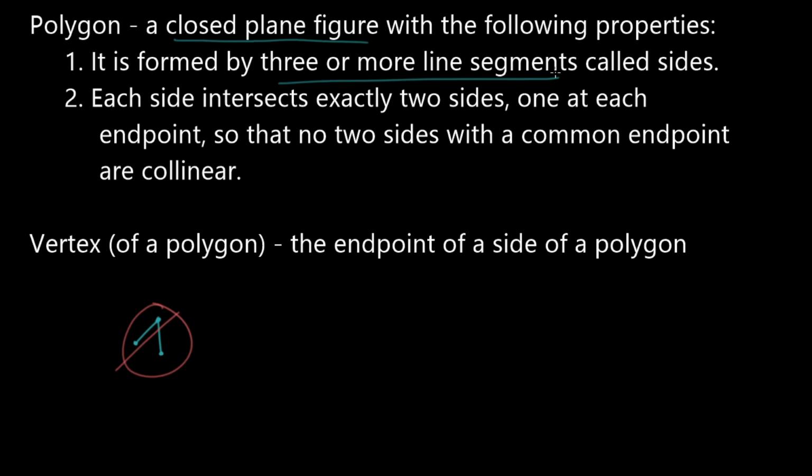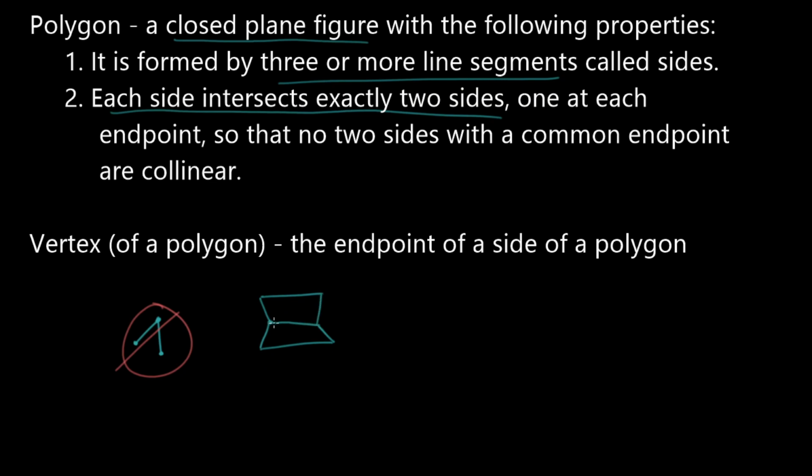That's another important part. So that one's not too bad, but then the second part here: each side intersects exactly two sides, one at each endpoint, so that no two sides with a common endpoint are collinear. We'll just take this step by step. Each side intersects exactly two sides. So what we're trying to avoid is situations where I have segments that intersect multiple segments.